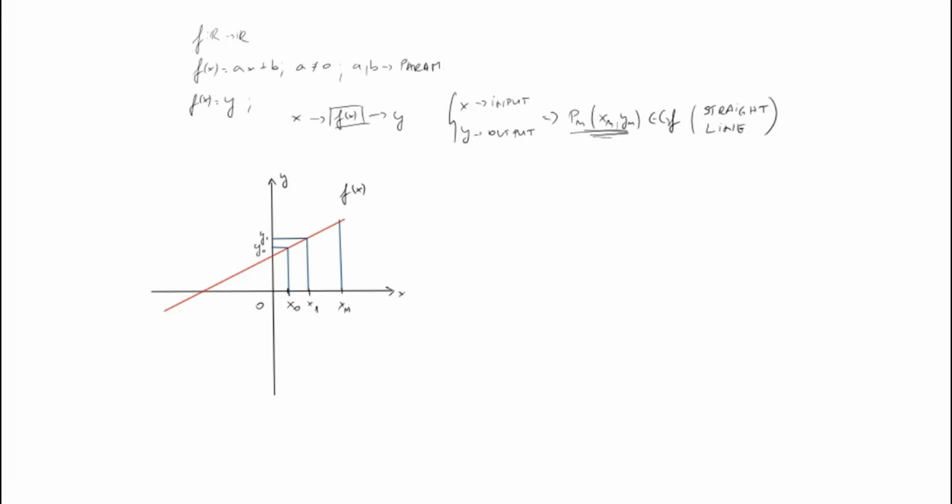Take a line, go up, intersect with the function's graph, go sideways, and here we will have a yn. Here we have the point p0, here we have the point p1, and here we have the point pn, and all these points are parts of the function's graph.